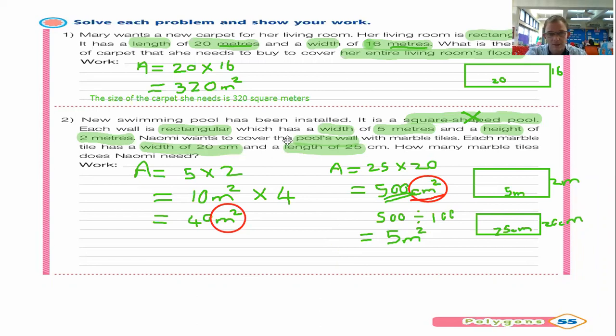Okay. So now that we know that is the size of 1 tile, and we know the total area of the wall, we have to divide again. So we're going to divide the 40 by 5 to find out how many tiles we need. And that's going to give us 40 divided by 5 equals 8 tiles.